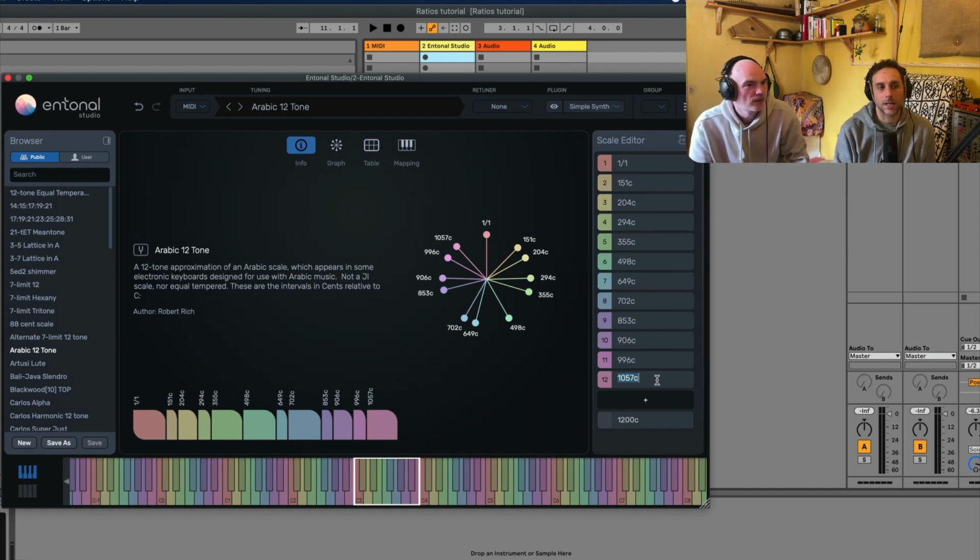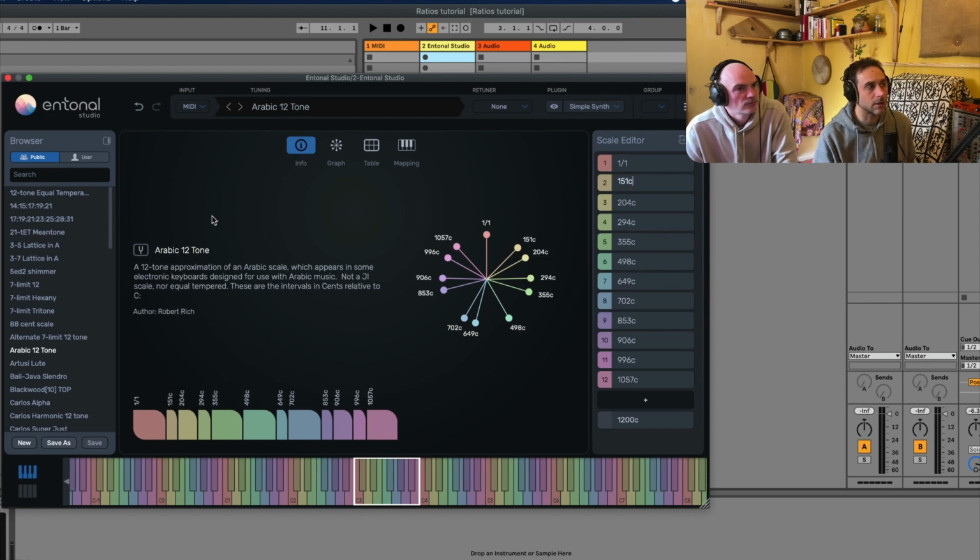No, a cent is, you've got 1 semitone. If we put this to 100, that's 1. Okay, so it gets confusing because we talk about whole tones and semitones. But in this sense, cents describe one.